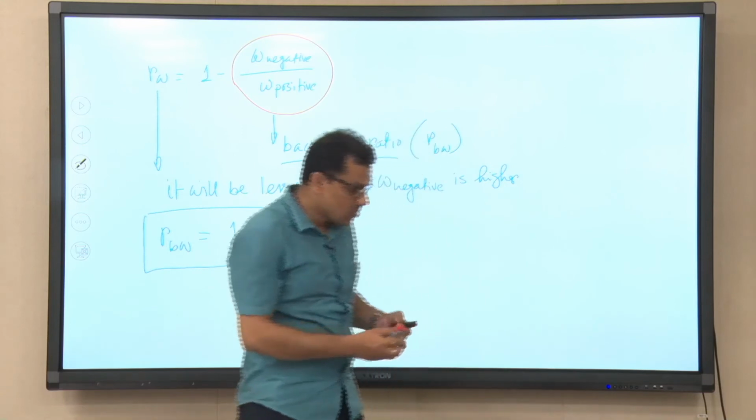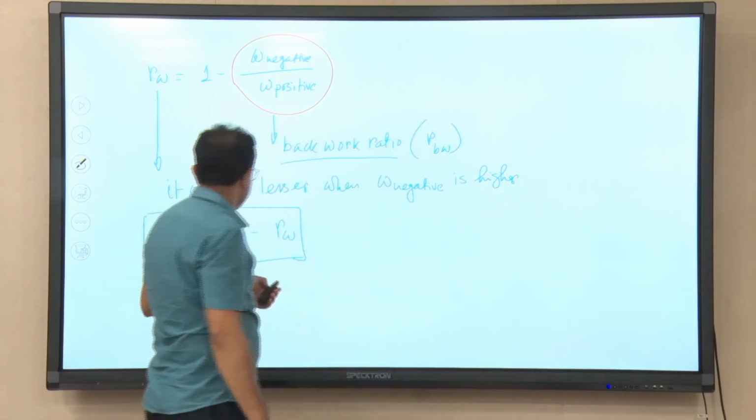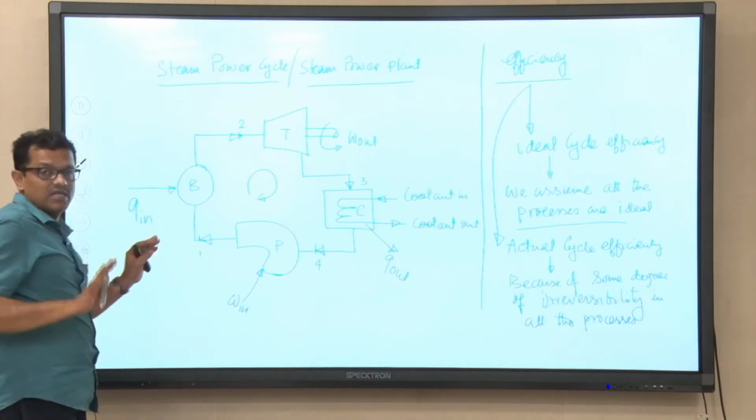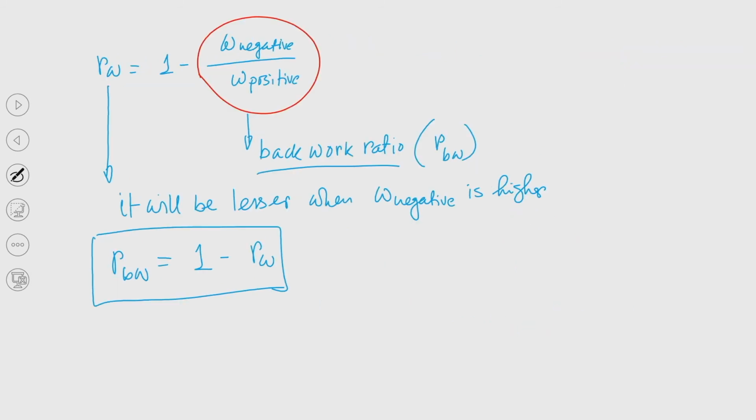Right. So, there is a very important point I would like to discuss. Now, you will understand the ideal cycle efficiency. Why does this negative work become a significant portion of the positive work?